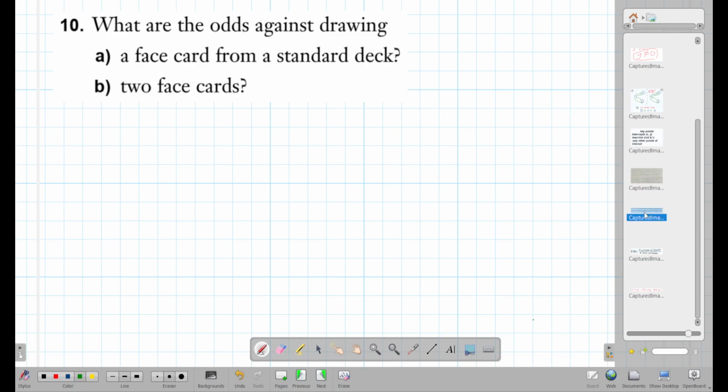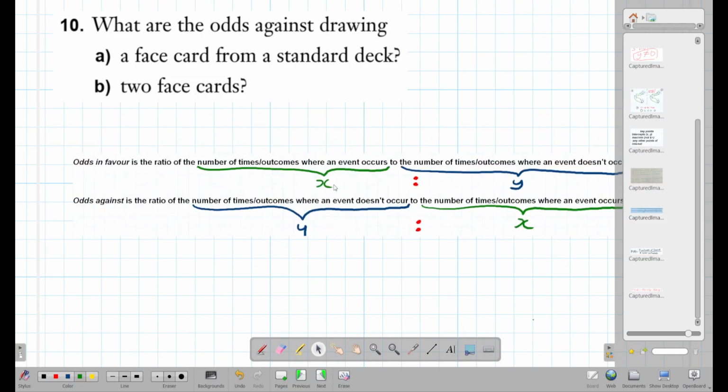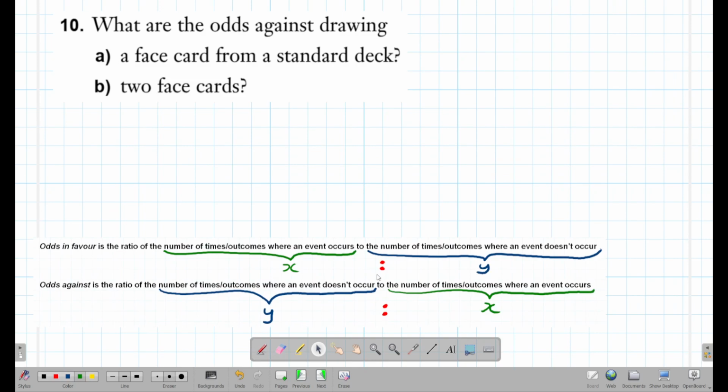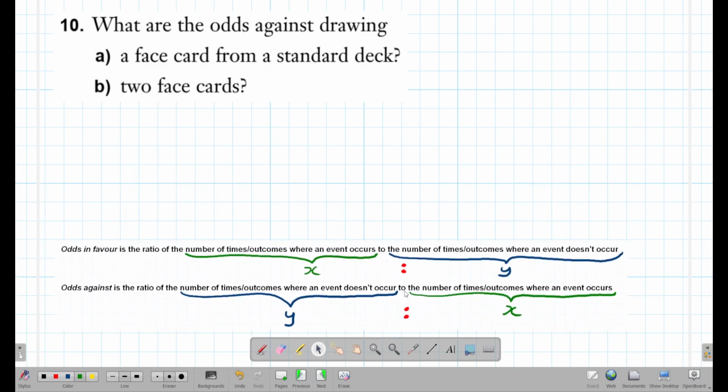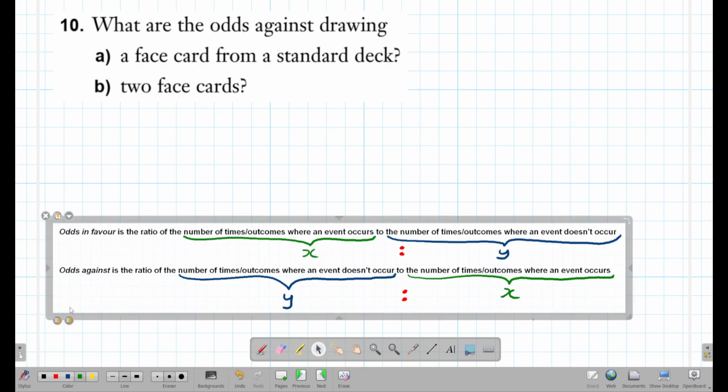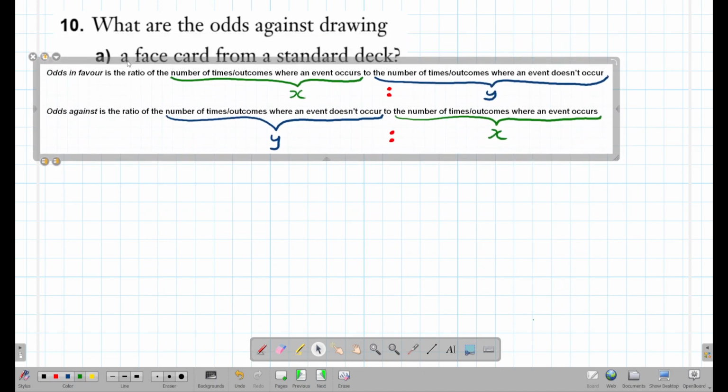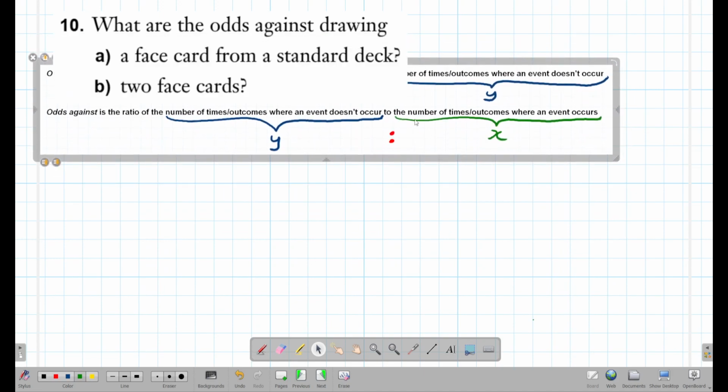So to do this question, just like with every other question in this section, we have to look at this definition. Except in this case, unlike the previous questions, we're looking at the definition below. So we're looking at odds against.